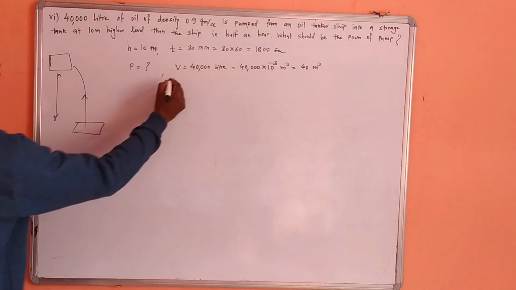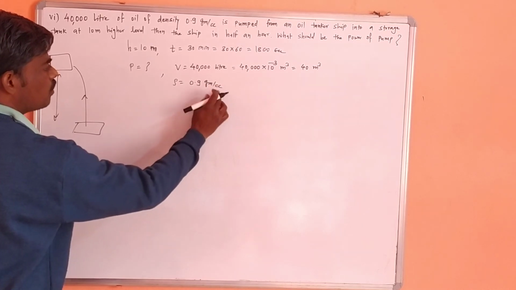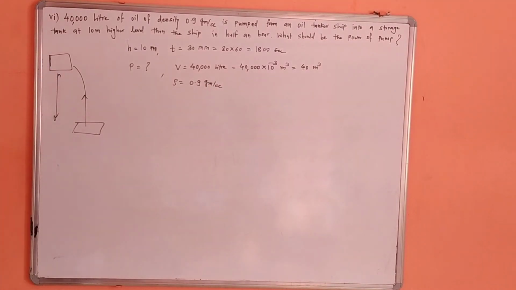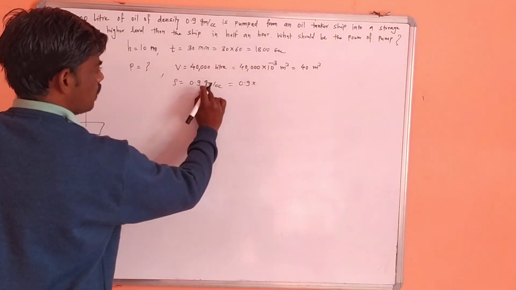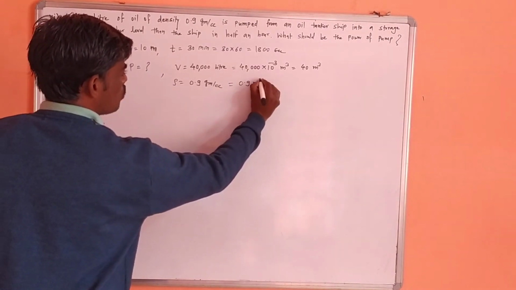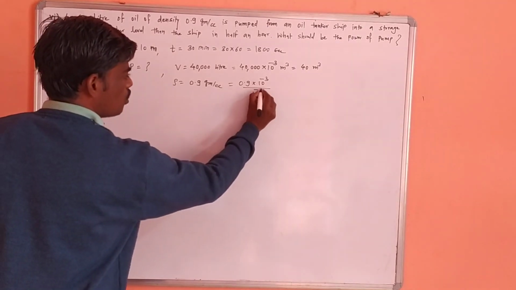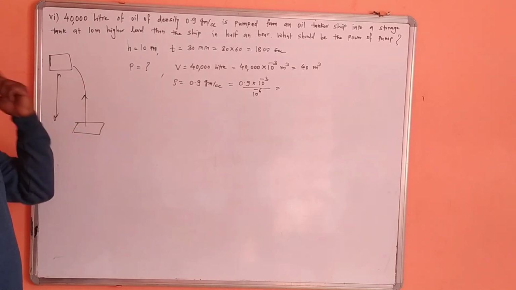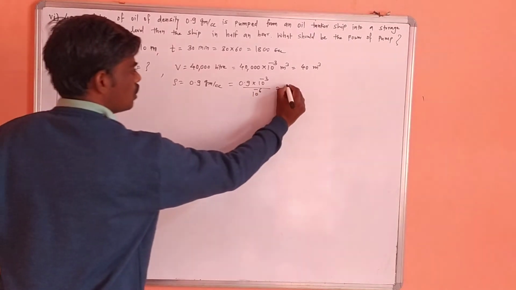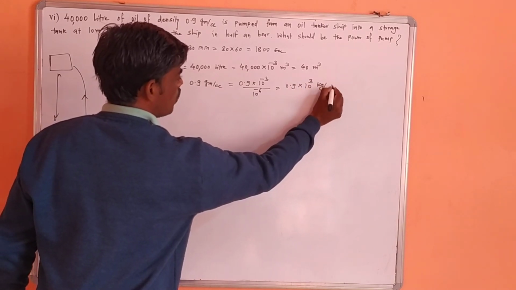And density is given to you, rho 0.9 gram per cc. Again gram per cc is not standard unit. Convert in kilogram per meter cube. So 0.9, to convert gram into kilogram, 10 raised to power minus 3 divided by centimeter cube, it becomes 10 raised to power minus 6. So minus 6 in denominator, it becomes plus 6. 0.9 into 10 raised to power 3 kg per meter cube.